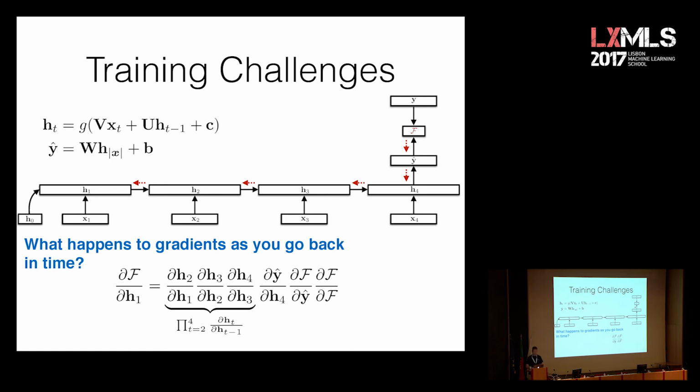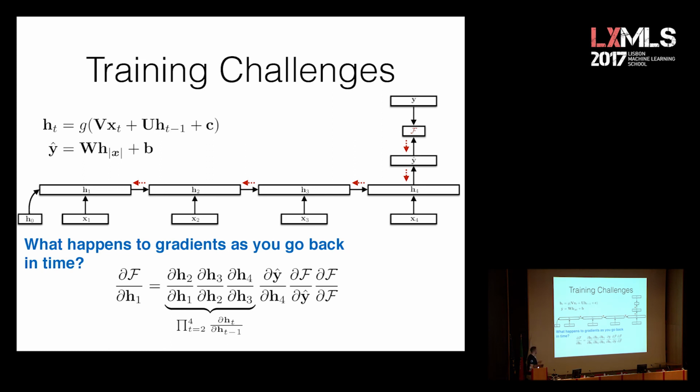And now the chain rule just says we're going to multiply this. If we want to know the derivative of f with respect to h4, we just multiply this by the derivative of y with respect to h4. And now if we want the derivative of f with respect to h3, we multiply that whole thing by the derivative of h4 with respect to h3. Go back further in time, h3 with respect to h2, and so on.